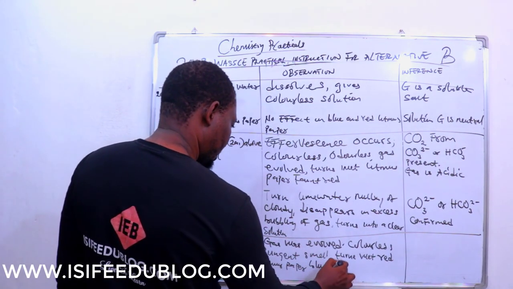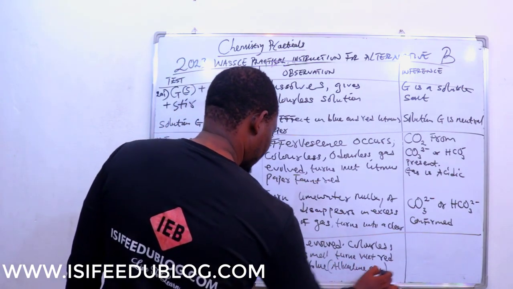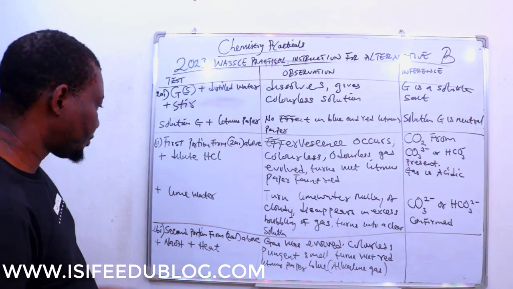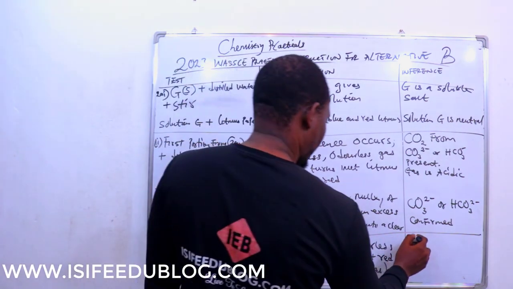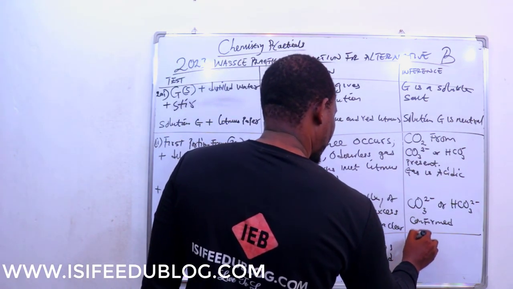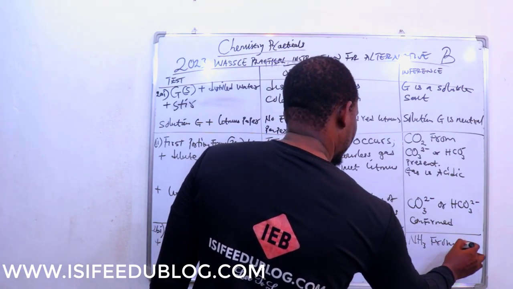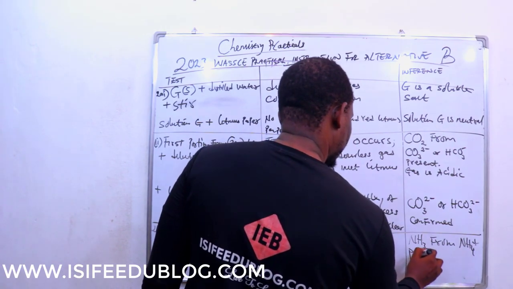You should know that you can write alkaline gas. Any gas that does that is alkaline. So what is going to be my inference here? NH3 from NH4 plus present.